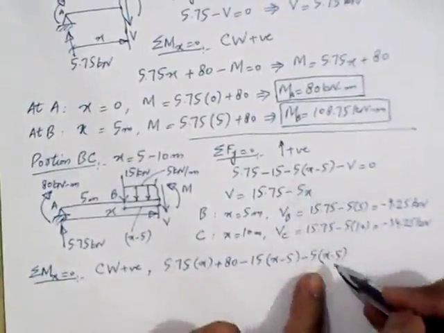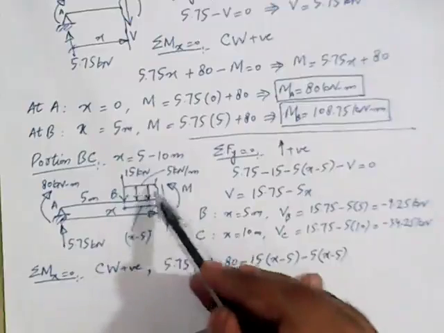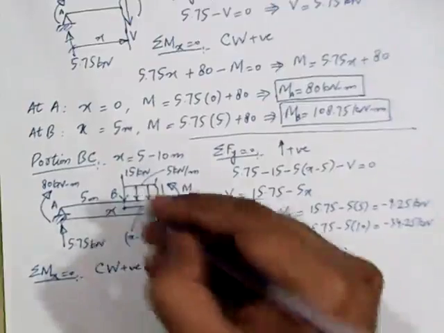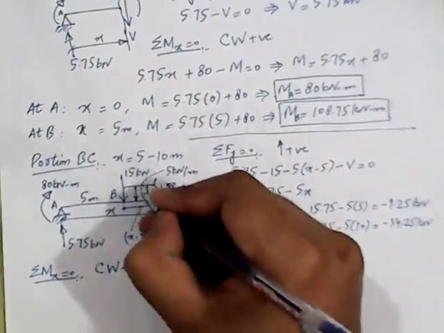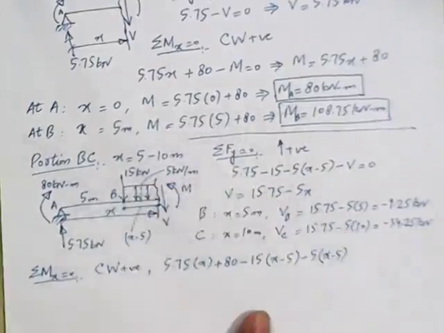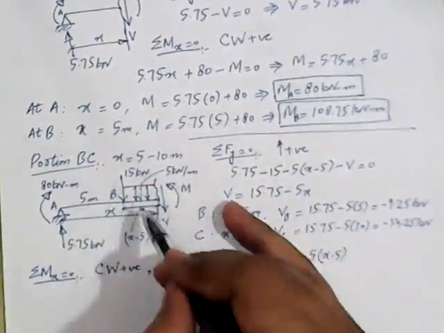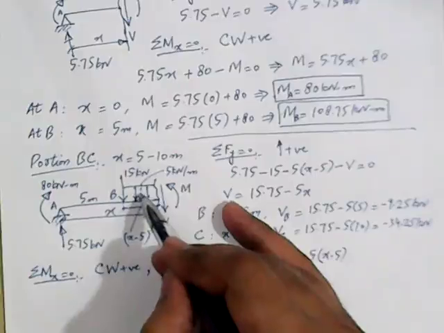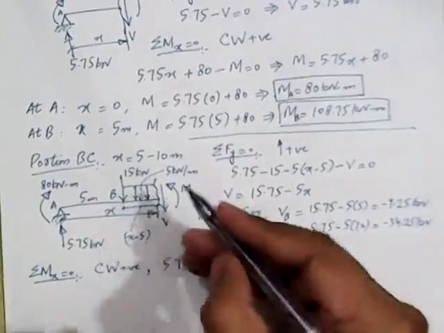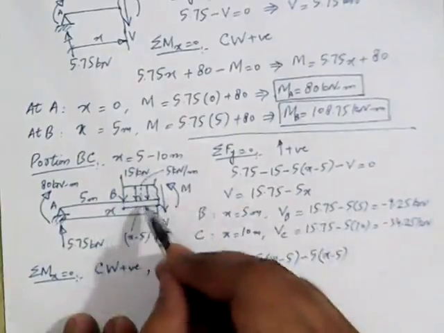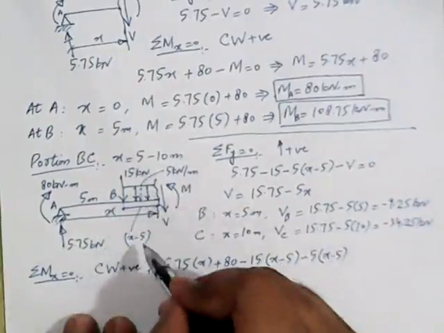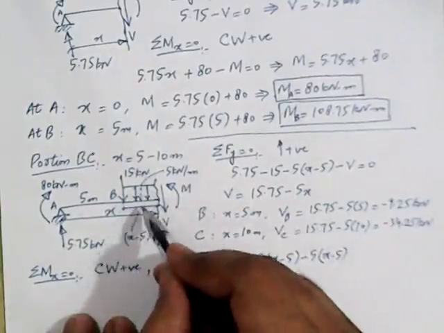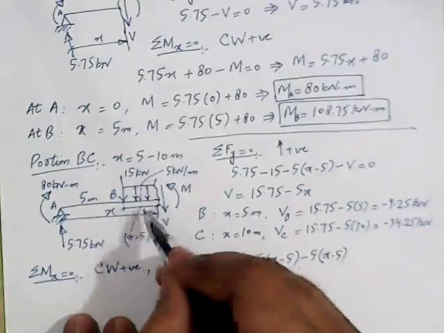So this 5 into x minus 5 is the magnitude of the resultant. And what will be the location of resultant? It will be acting somewhere over here. And how much is this distance, the distance between this resultant and the section? This distance is half of x minus 5, because it is acting at the center of x minus 5.